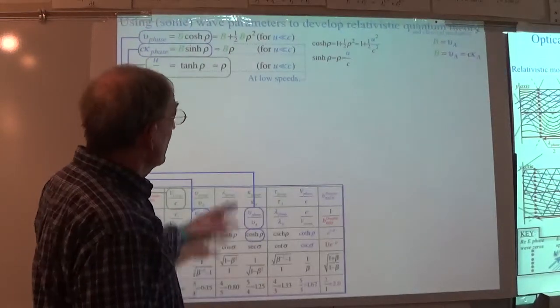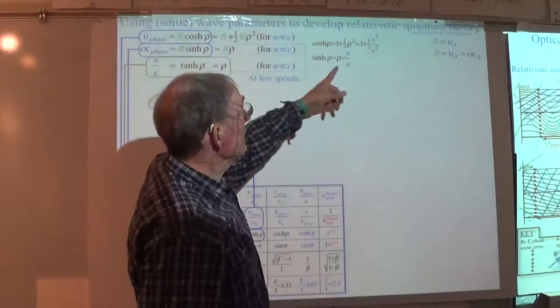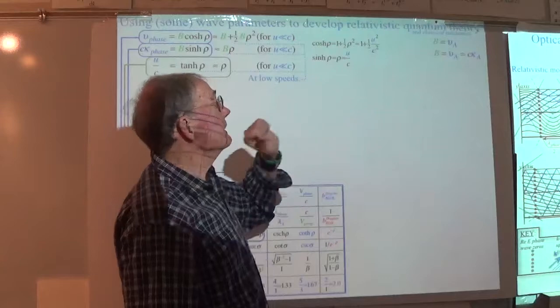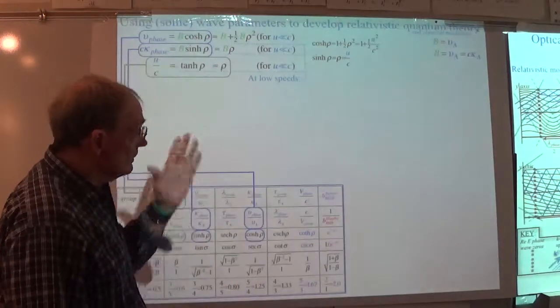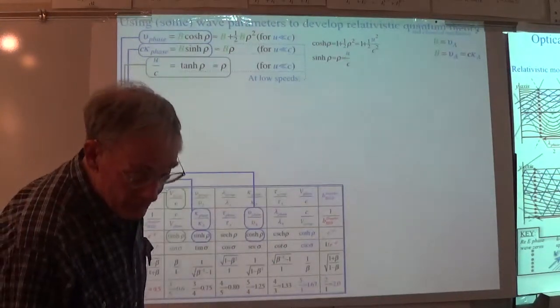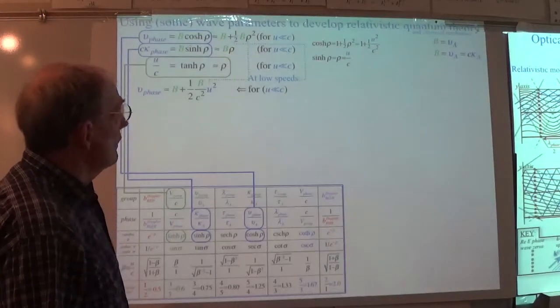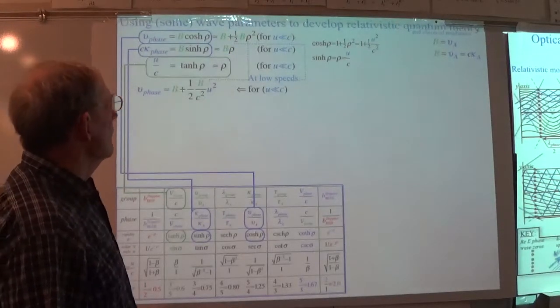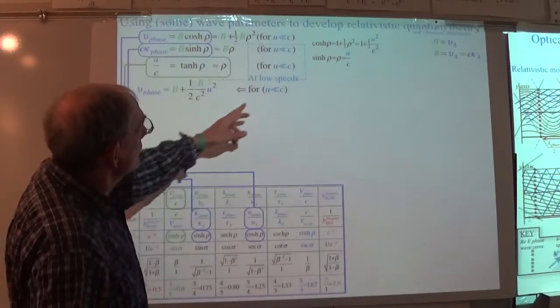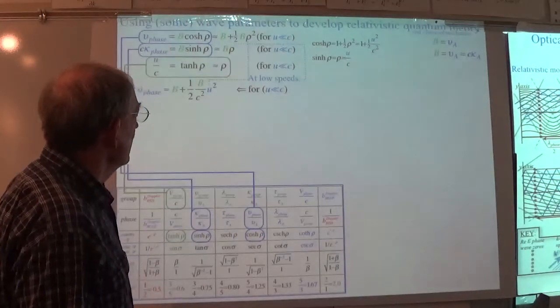So we can just put the u over c, that's the old-fashioned parameter beta of relativity. I'll stick that in there now. And people that are used to that say, with a sigh of relief, oh, I recognize that. But mainly it's u that we're going to be interested in.